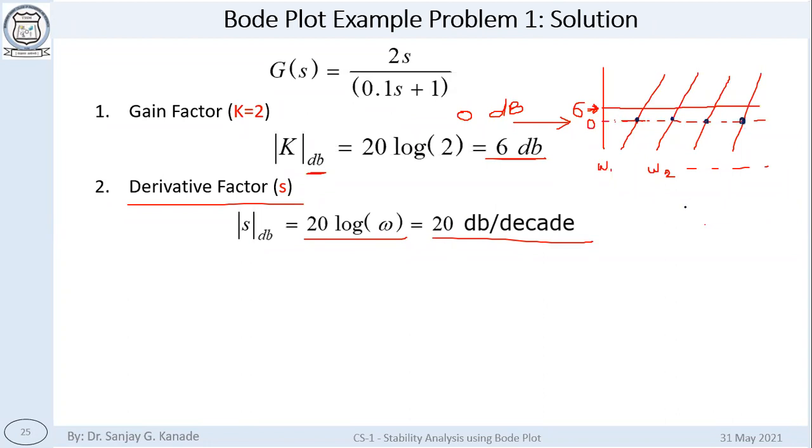Somewhere they are going to intersect. So we just find out that point of intersection. And how is it done? If you substitute 0 at the point of intersection, obviously the gain of that factor is 0. So 0 is equal to 20 log of omega. So what is the value of omega in this case?